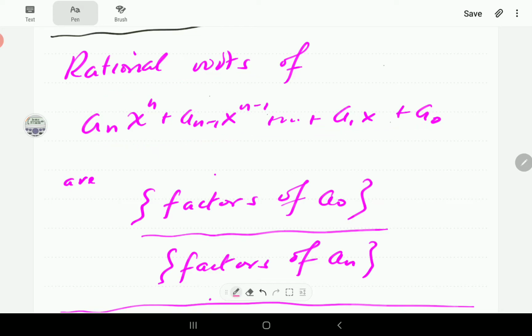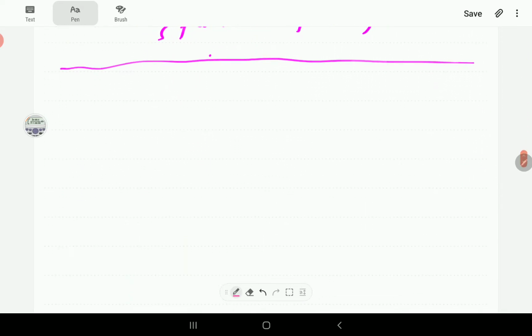So just to remind ourselves of the rational root theorem, it says the rational roots of a polynomial of this form will be given by the fractions of factors of a naught, which is the constant, divided by factors of an, which is the coefficient of the leading order term.